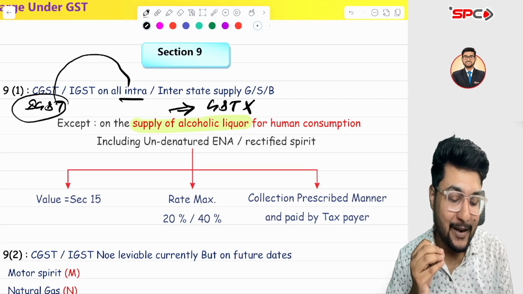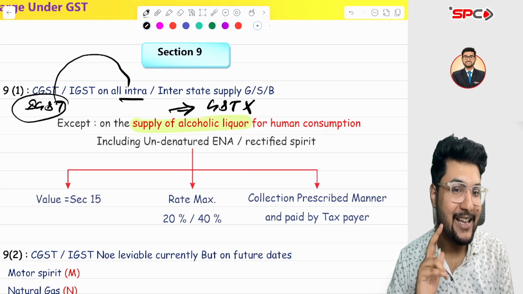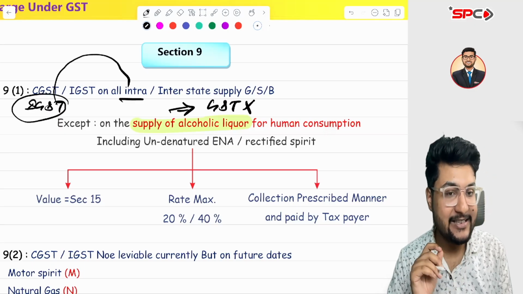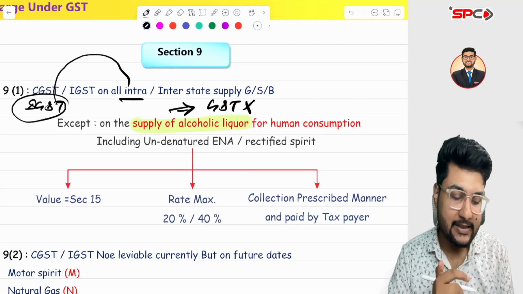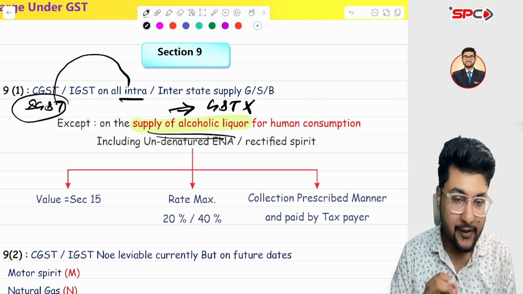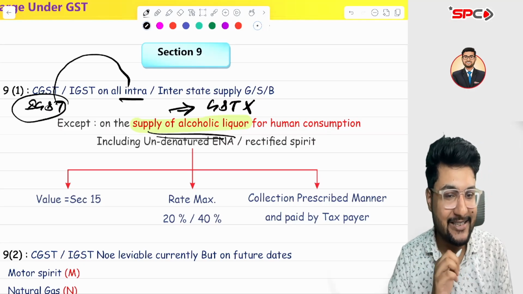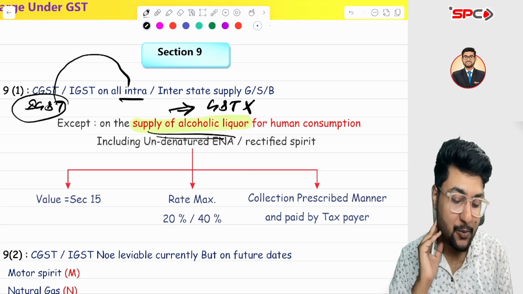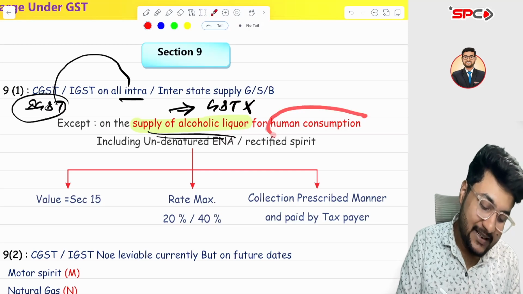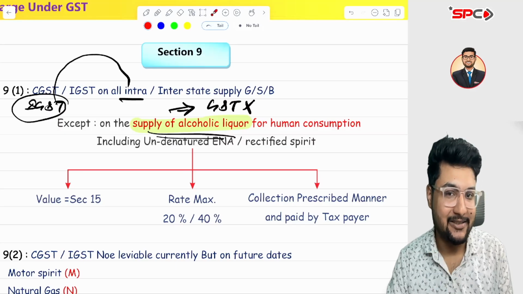But if it comes under GST, the alcohol revenue will be divided into two parts, center and state. That's the reason when the GST law was being passed, the states specifically mentioned this condition: only if alcoholic liquor is out of the scope of GST will we sign this GST bill. So that's the reason alcoholic liquor for human consumption is out of the scope of GST. Only human consumption. If alcoholic liquor is for medical purpose, it is covered under GST.